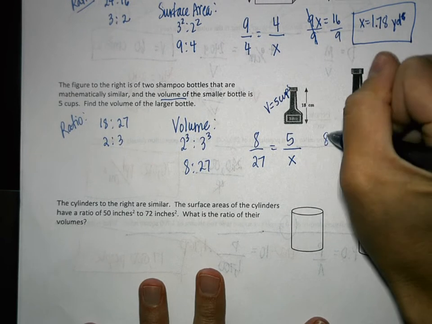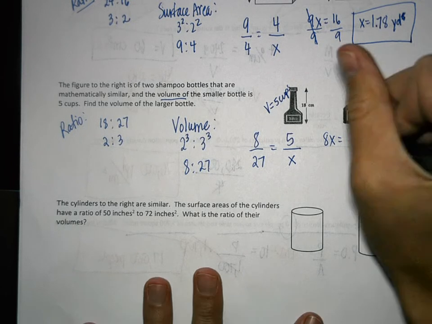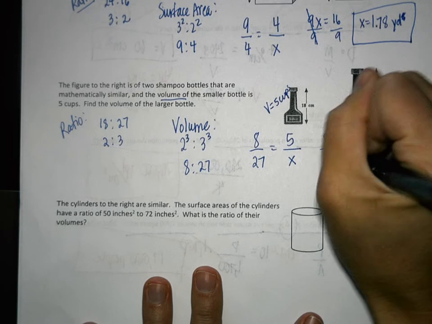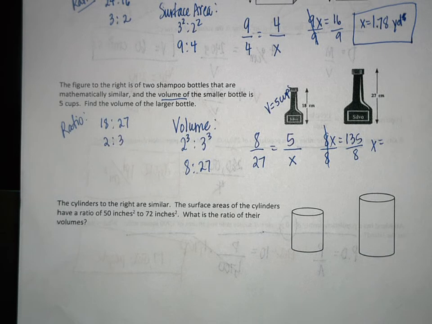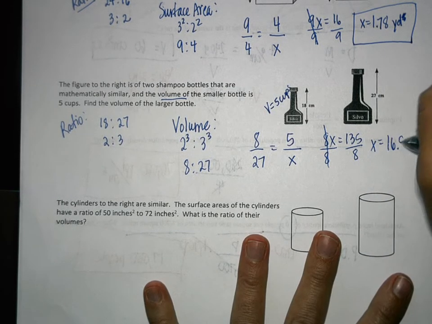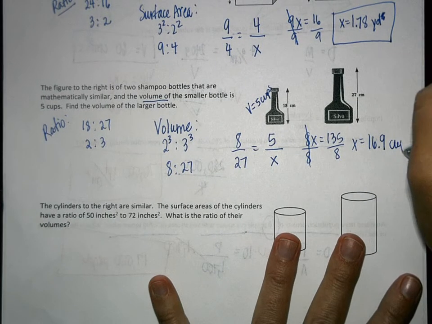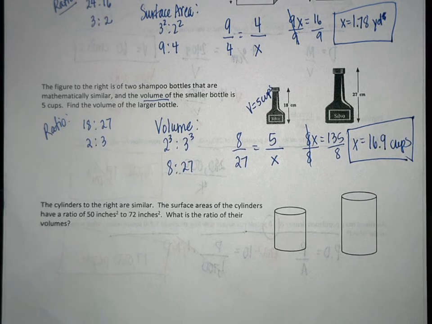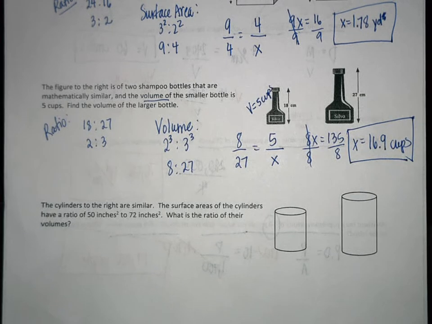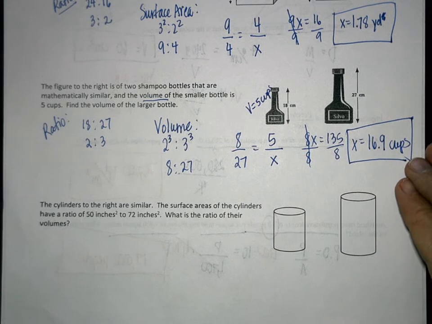We get 8x equals 27 times 5 is 135, and then we divide by 8 to both sides. And so x equals 16.875, so we're going to go 16.9 cups. Okay, questions?